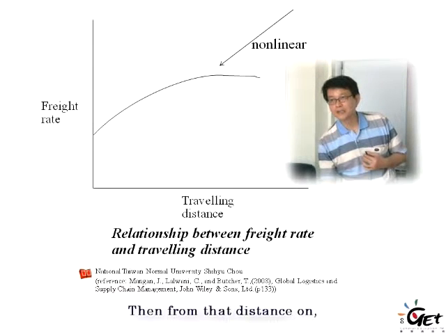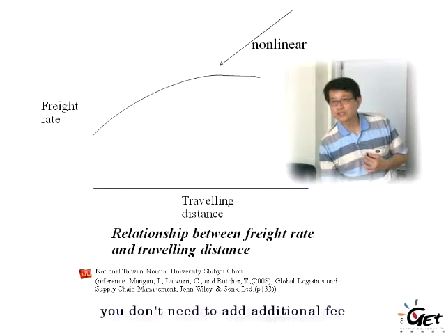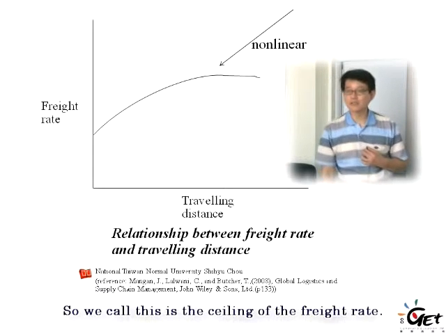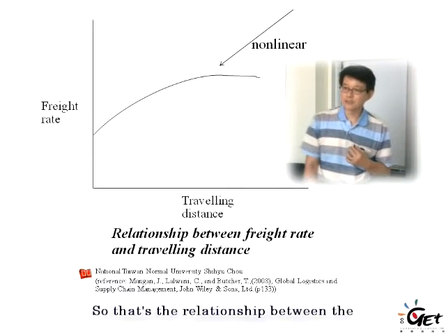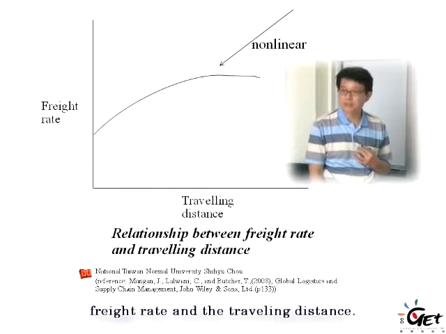From that distance on, no matter how long the distance, you don't need to add additional fee for the additional distance, right? This is what we call the ceiling of the flight rate. So that's the relationship between the flight rate and the traveling distance.